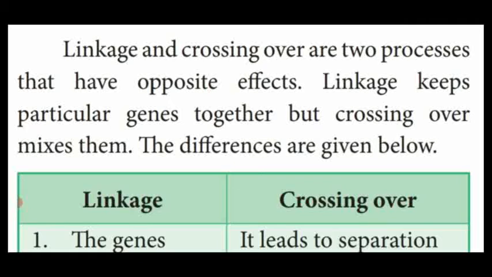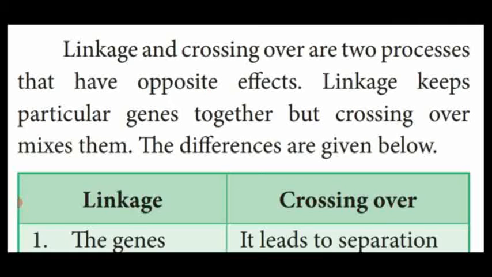They do not separate, everything stays as one. That is called linkage. So it is the capacity of genes to stay together when the chromosomes are separated. That is said to be linkage.